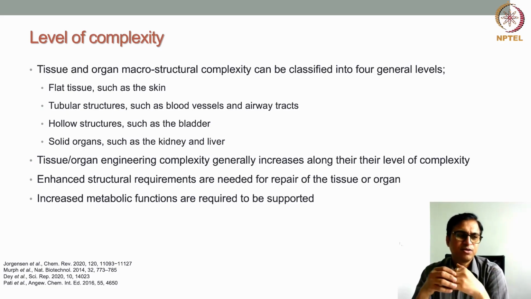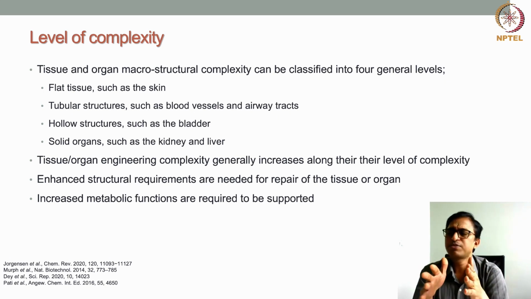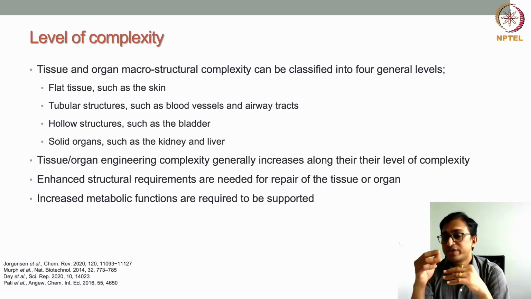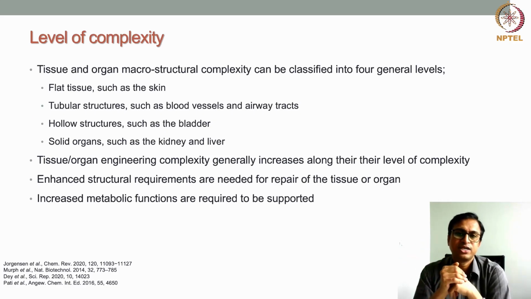according to the different levels of complexity, so that when we devise strategies for bioprinting of a particular tissue construct, for a low level of complex tissue we can use one kind of strategy, but for very highly complex tissues our strategy has to be very different, so that we can replicate that kind of complex structure and generate a functional tissue or organ structure.